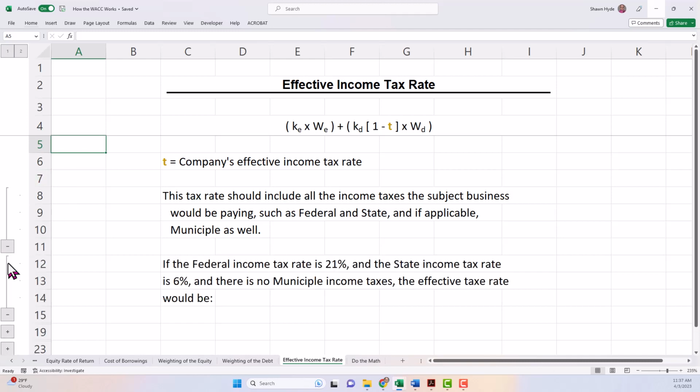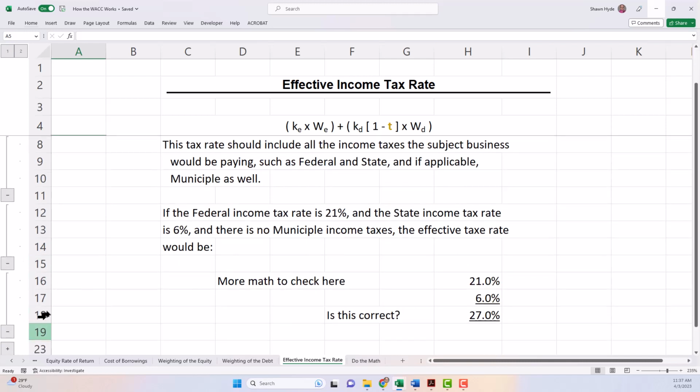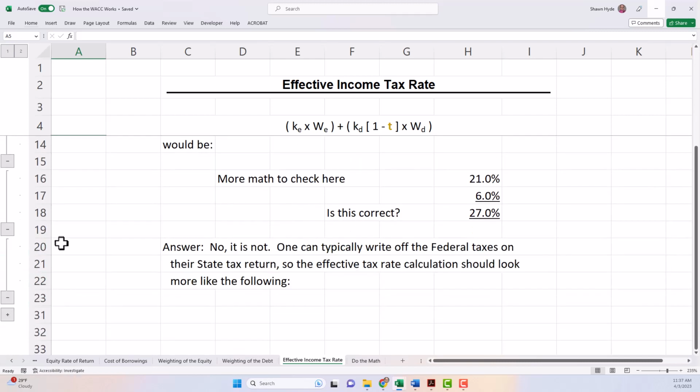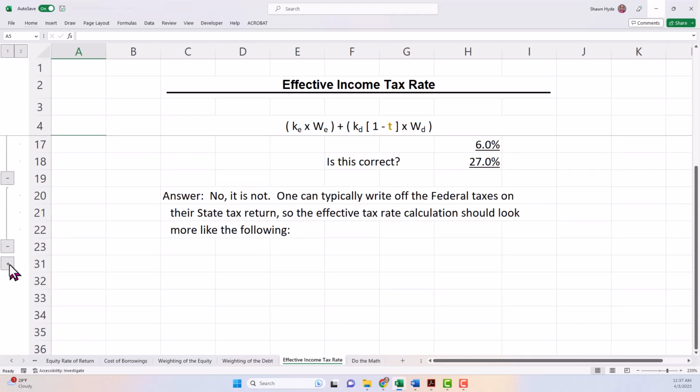So we're going to assume if the federal income tax rate is 21% and the state income tax is 6% and there's no municipal income taxes, the effective tax rate would be 21 plus 6, or 27%. Is that right? No, it is not. One can typically write off the federal taxes on their state tax returns. The effective tax rate calculation should look more like the following here.